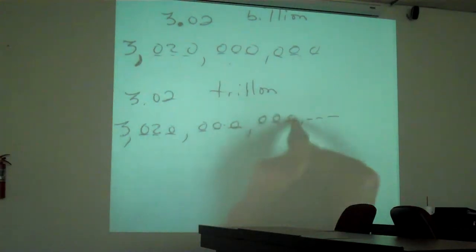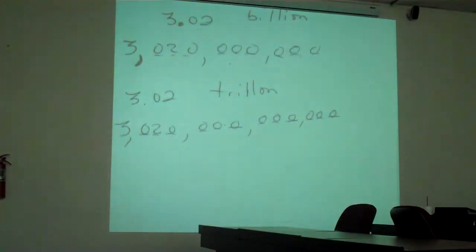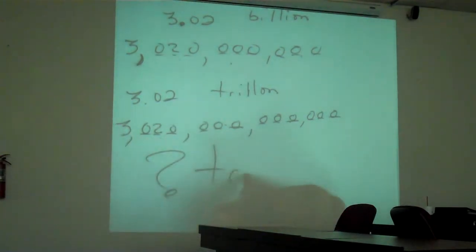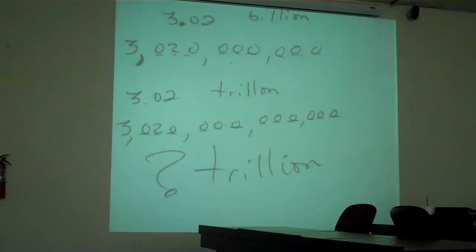What comes after trillion? Not sure. I'll have to look it up. I'll give that to you when I do the review. Write myself a note. What's after trillion? Maybe it's gazillion. I've heard of gazillions, but I don't know if it's real.